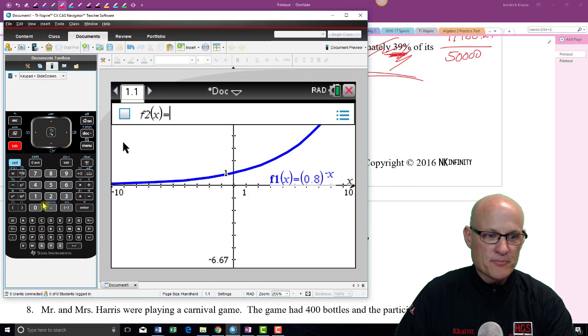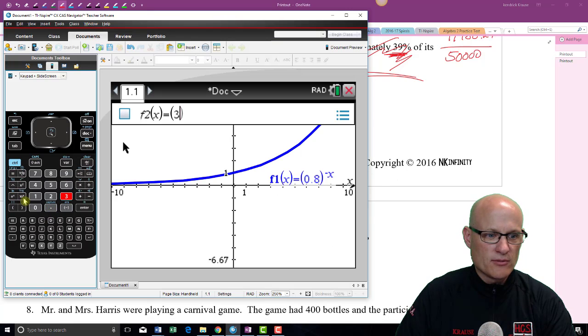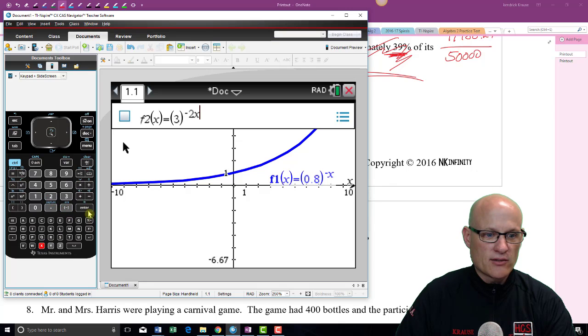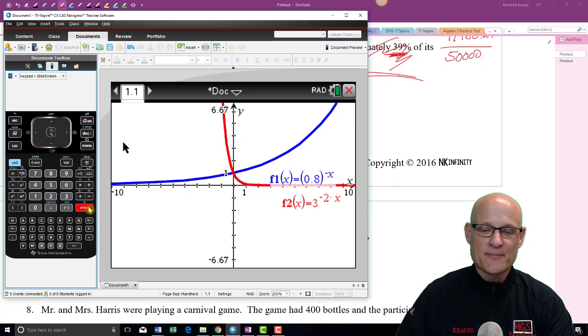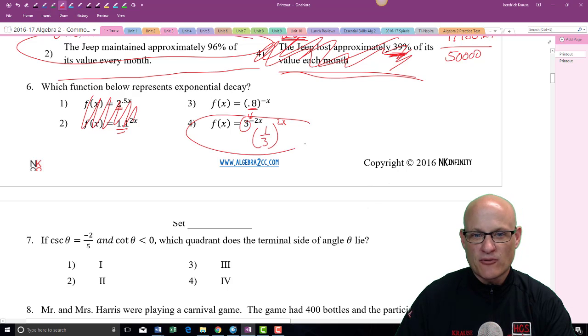Let's press tab, parentheses, 3, parentheses, raised to the negative 2x. Oh, that's decay. See, what happens is this negative really takes this base and makes it 1/3 to the positive 2x. That's why you got to be really, really careful. This one becomes 1 over 0.8. Well, 1 over 0.8 is actually a number bigger than 1. I suggest you graph everything.